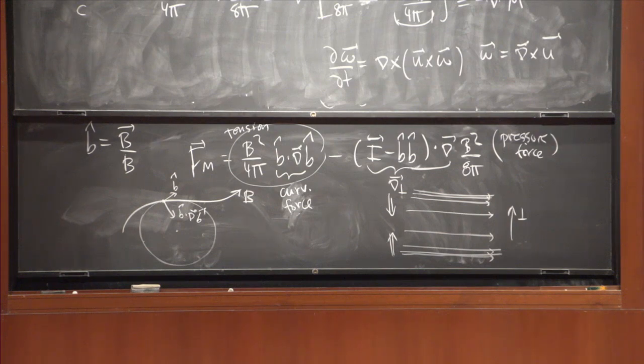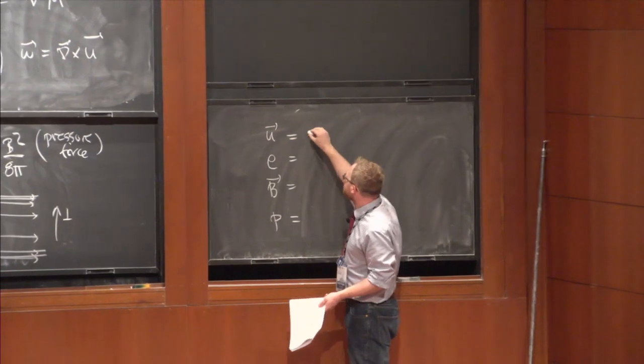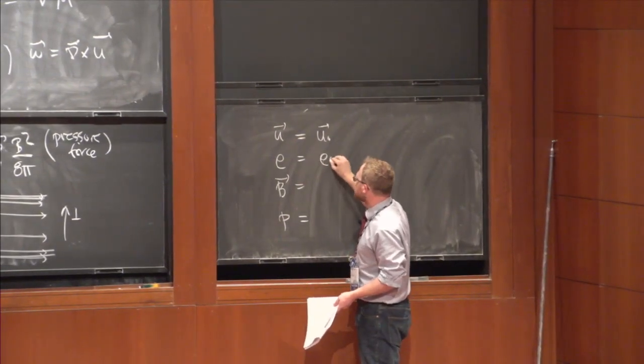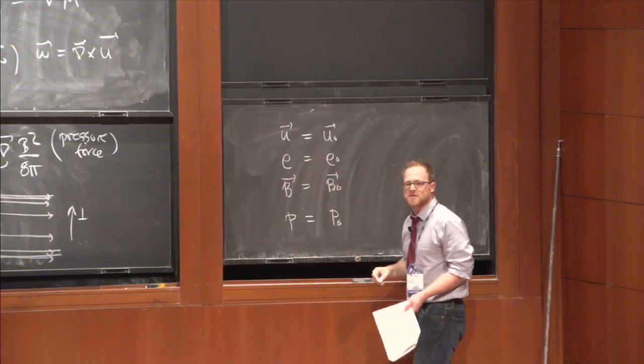So what I mean by that is that you have some system characterized by some velocity, some mass density, some magnetic field, some pressure, and you construct some equilibrium, which, at least in my notes, I just denote with the subscript 0.